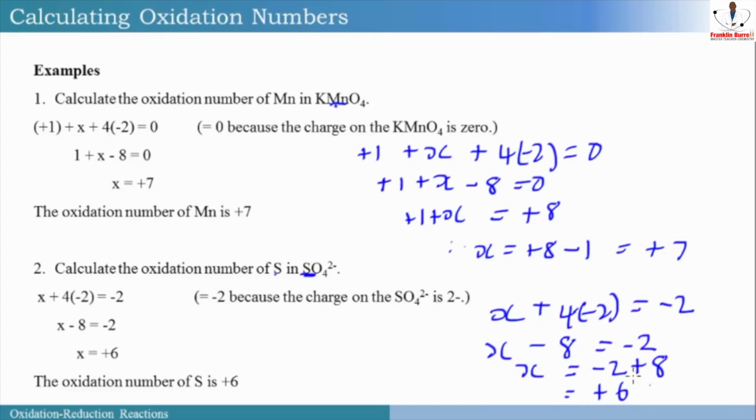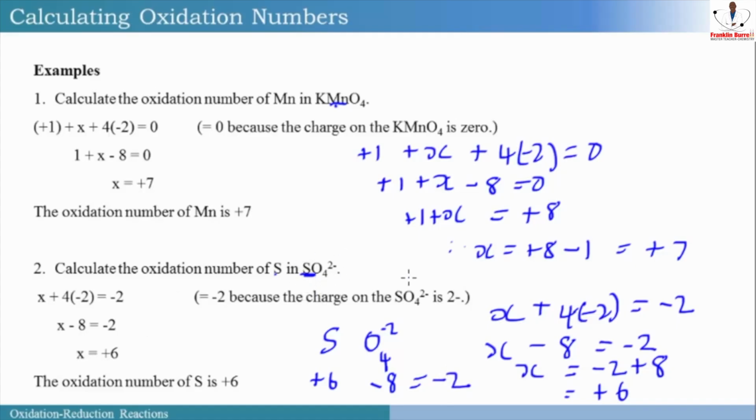So the charge on S is +6 here. And we can check if S is +6. So let's put S there and put +6 here. And the O carries a 2- charge. Then 4 times -2 gives me -8. Plus 6 and minus 8 is equal to -2.